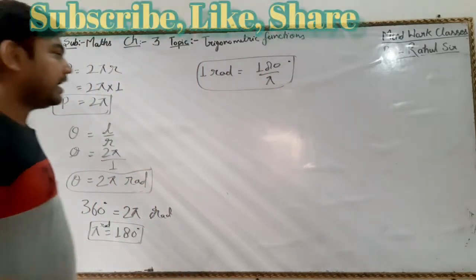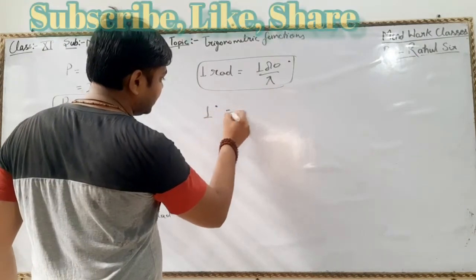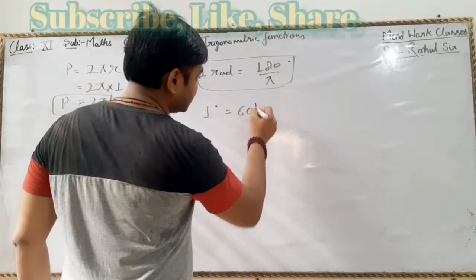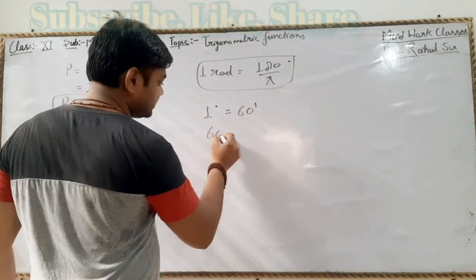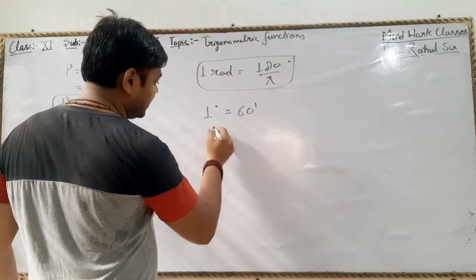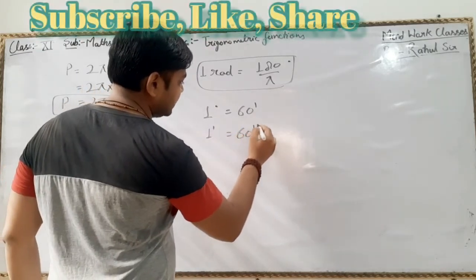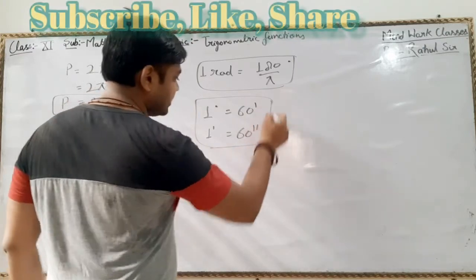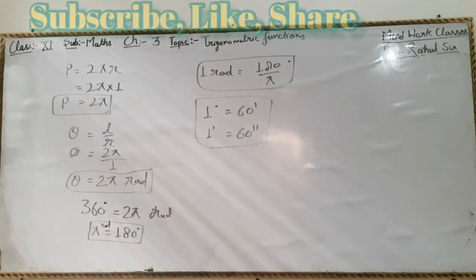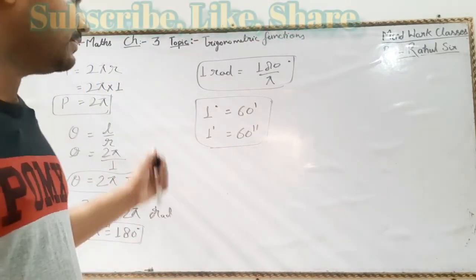We also know that 1 degree is equal to 60 minute, and 1 minute is equal to 60 second. We should know this thing too. From here you can solve the rest of the questions.